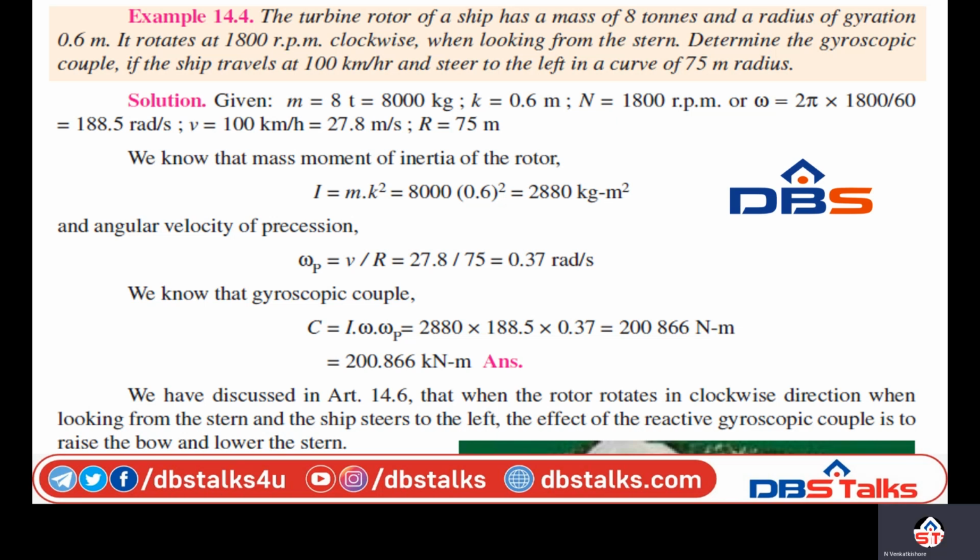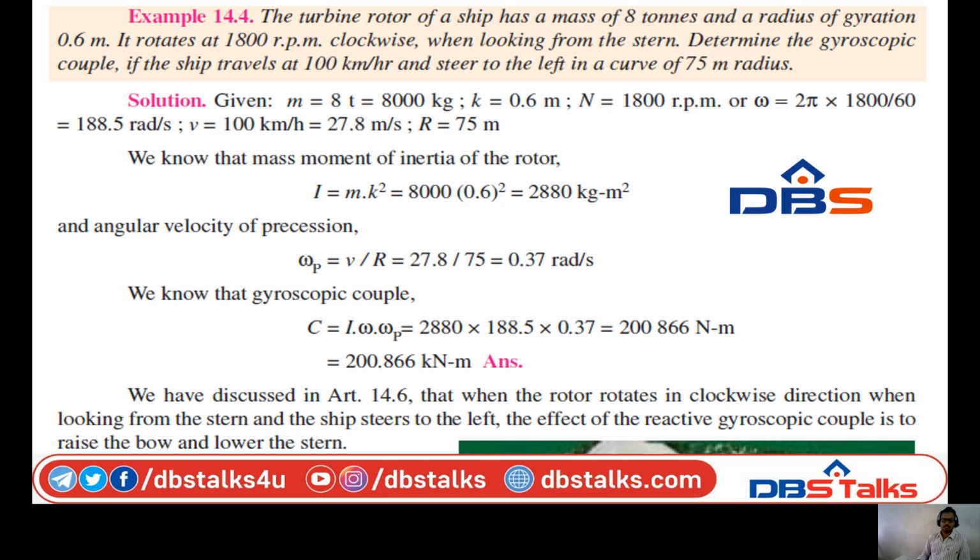That is I is equal to m k square, where m is 8000 and k is 0.6 meters, squared. Finally, we get 2880 kg meter square. And the angular velocity of precession omega p is equal to the linear velocity divided by the radius of curvature. That is 27.8 by 75, so 0.37 radians per second.